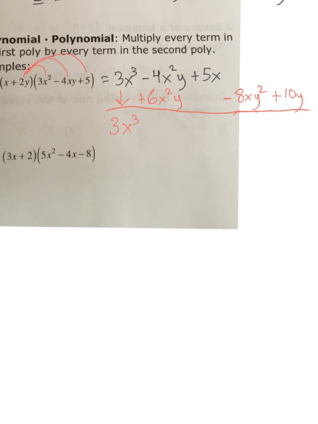So you end up with what? Good. Plus 2x squared y. What's going to happen with this 5x? Good. It's going to drop it like it's hot. Bam. And what happens to these? Same thing. Good. They didn't have any like terms, so that is your final answer right there.